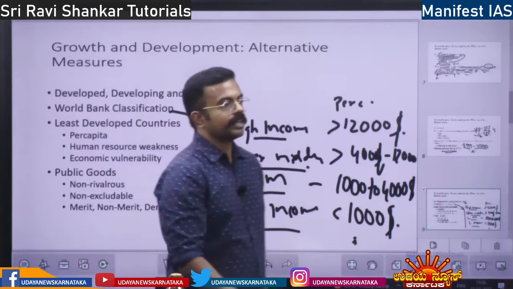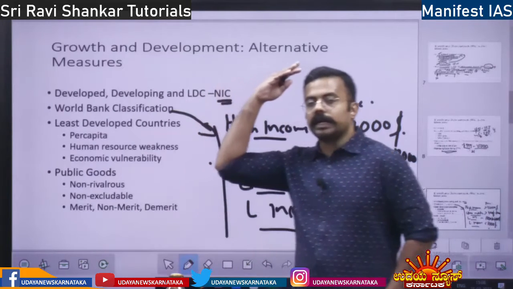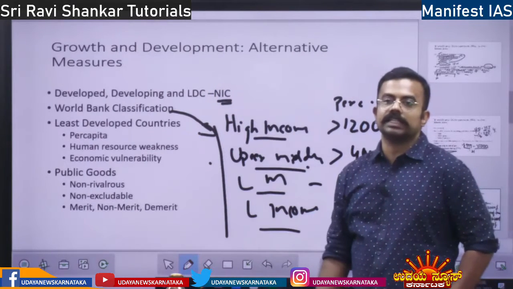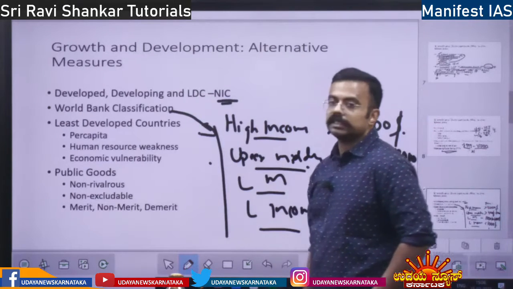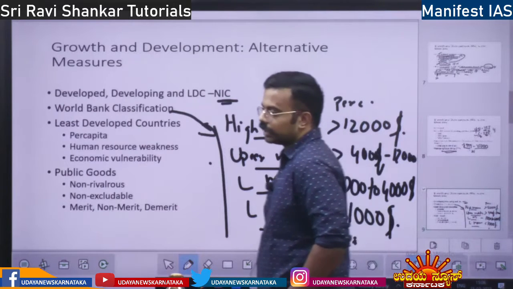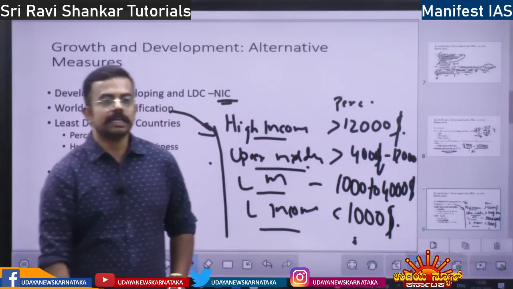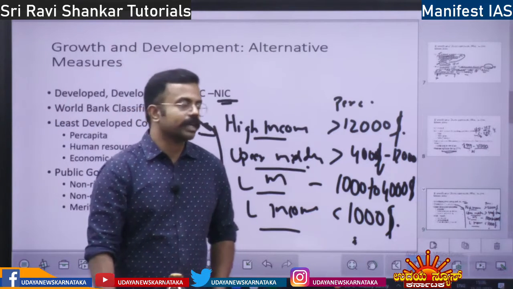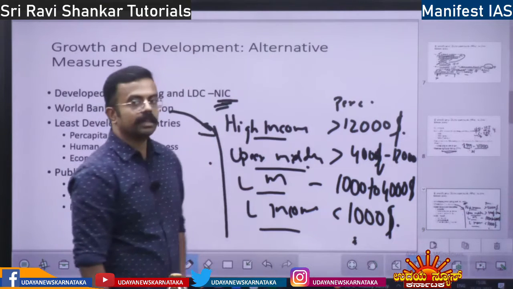China industrialized after the 1980s, whereas the USA and Europe industrialized during the 18th, 17th or 19th century. So China is newly industrialized. Japan also industrialized in the last century. India is also newly industrialized. African countries, most of them are newly industrialized countries, right?